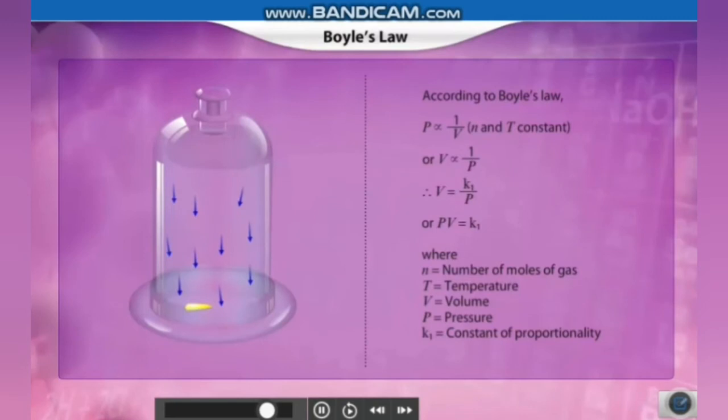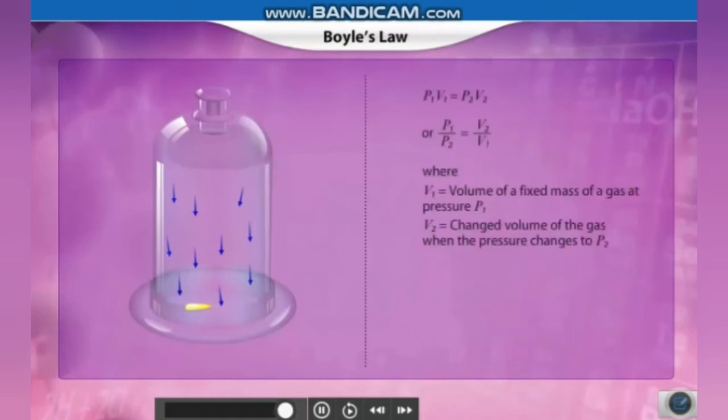So, P is proportional to 1 by V, PV is equal to K, where K is the proportionality constant. From this, P1 V1 equals P2 V2, or P1 by P2 equals V2 by V1.